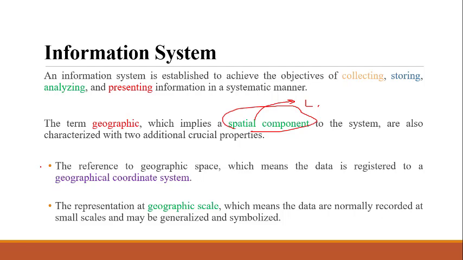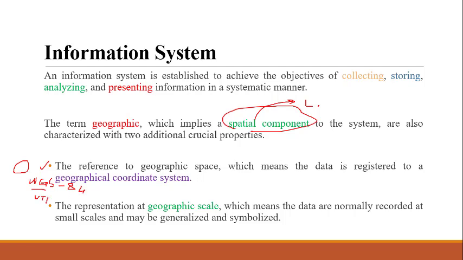Coming to the reference to geographic space, which means the data is registered to a geographic coordinate system. The data must be connected to some geographic coordinate system, that is the WGS system, which might be WGS 1984, or it might be UTM, Universal Transverse Mercator.